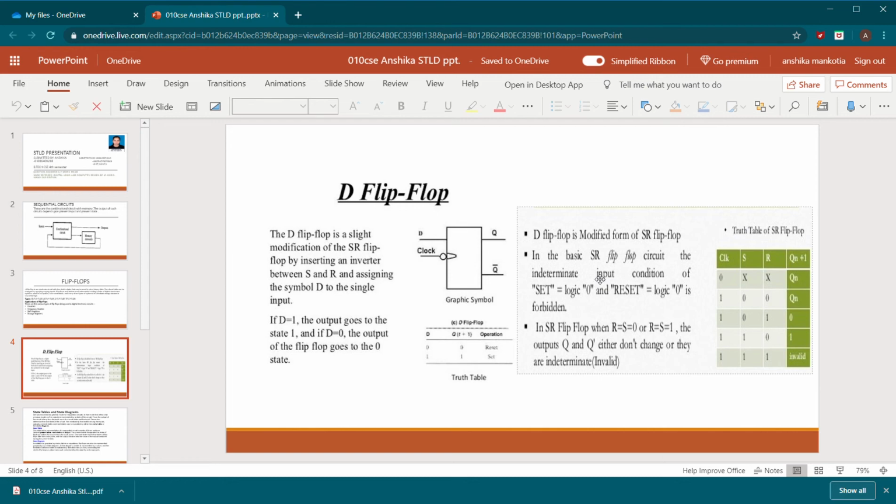It is indeterminate because the values come out the same for Qn plus 1 and Qn plus 1 complement, which can't be possible, because if a value is coming for a variable x, and for its complement the same value is coming, something is wrong. So an indeterminate output comes, and we neglect these two conditions and only consider the other two conditions, set and reset.